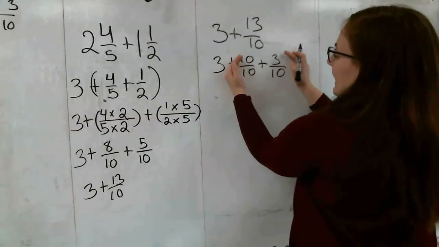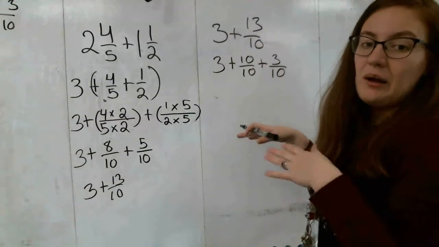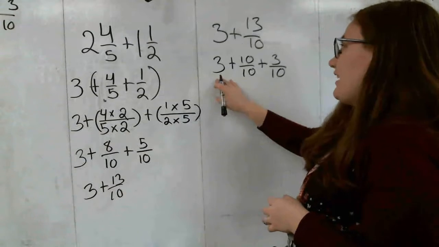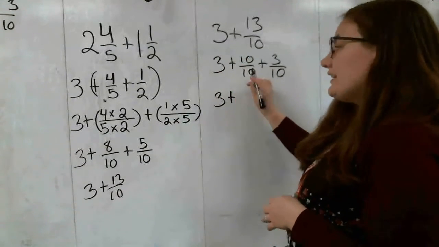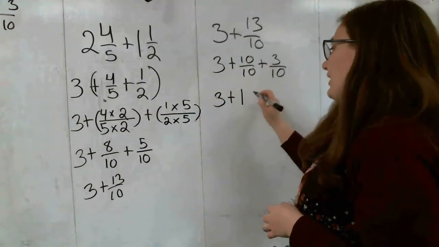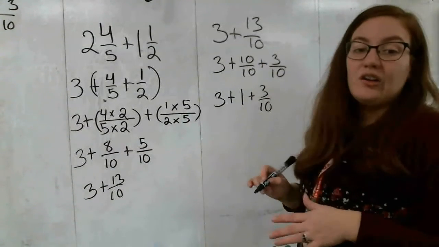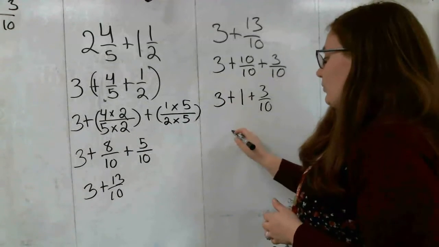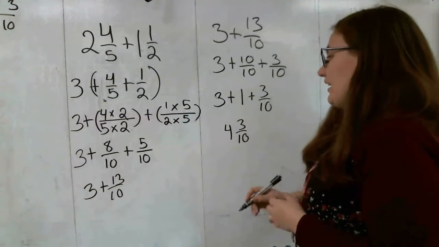And then this 10 tenths plus 13 tenths is the same thing as this 13 tenths, but now I can change it into a mixed number. So now instead of having this right here, what I actually have is 3 plus 10 tenths is going to become 1, and then we have that 3 tenths. So now I can easily solve this because I know that 3 plus 1 is 4, and then 3 tenths can get added onto that.